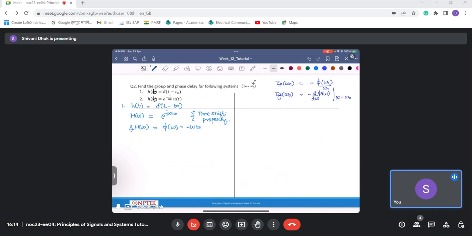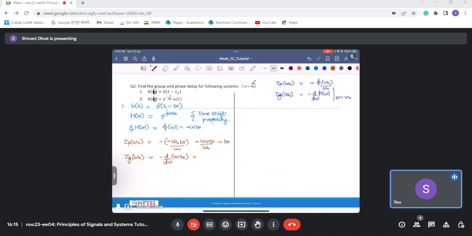Okay. Then my phase delay, that is tau p of omega naught, will be simply equal to minus of minus omega naught t naught divided by omega naught, which is equal to t naught. And my group delay will be tau g of omega naught, and this comes out to be minus d by d omega of minus omega t naught, with a negative sign.